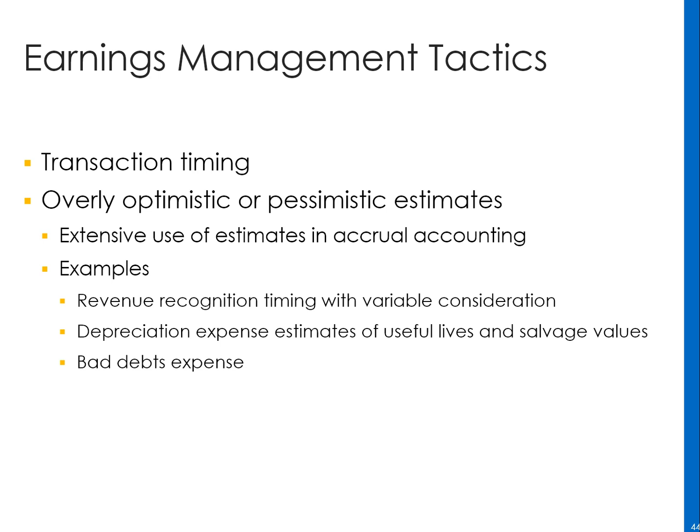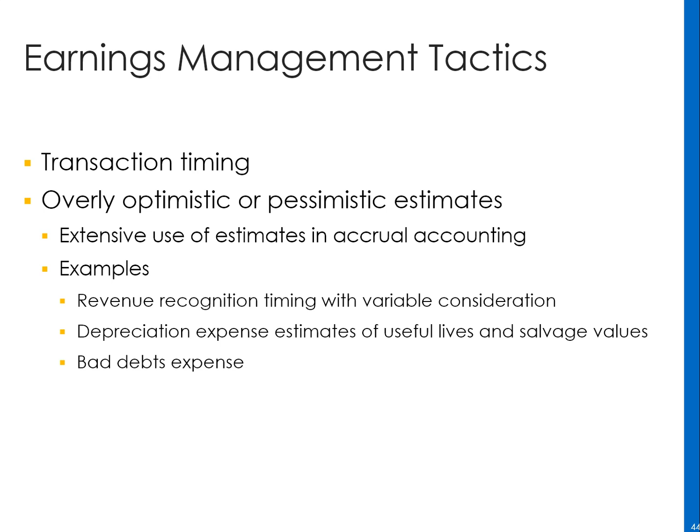optimistic or pessimistic estimate. Right, for example, just to talk about the percentage applied to get the allowance for that account. If we can shift income from good years to bad years.